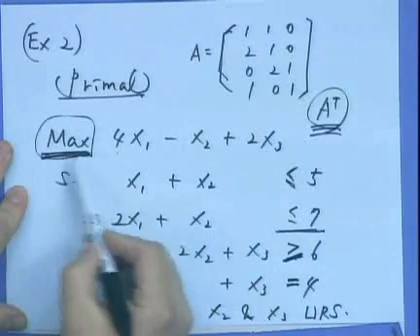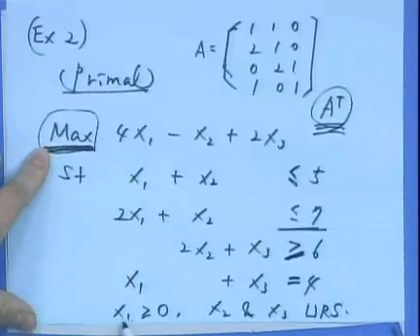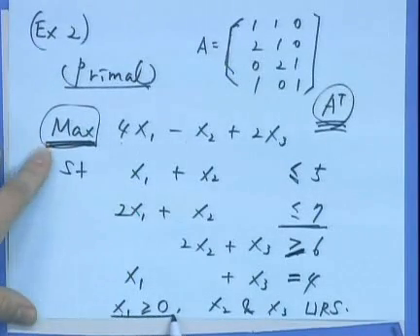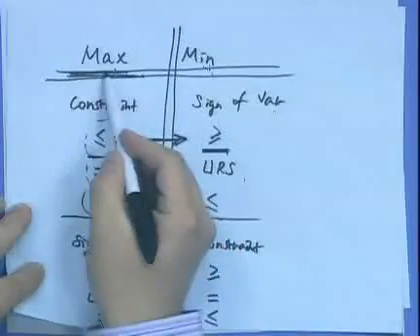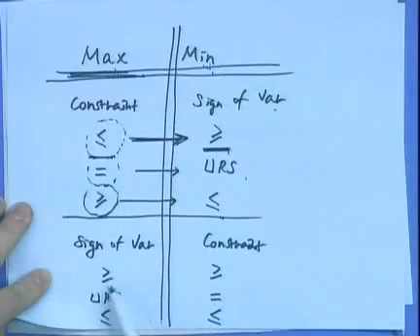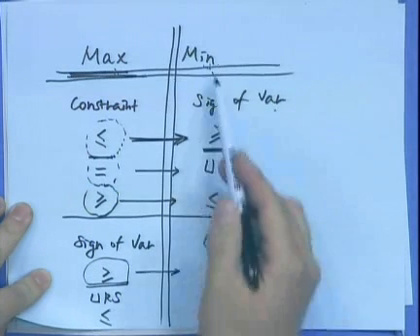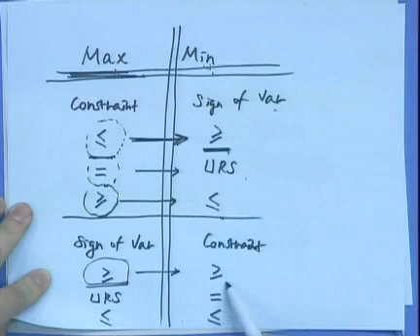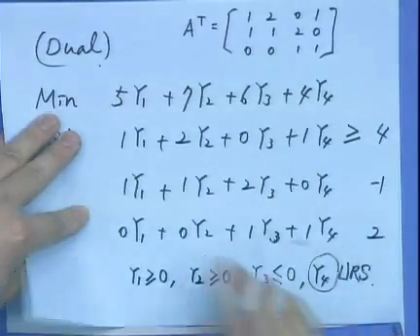And in our primal problem, the first decision variable, x1, is greater than equal to 0. In the maximization problem, the first decision variable being greater than equal to 0 means in the minimization problem the first constraint should be a greater than equal sign.